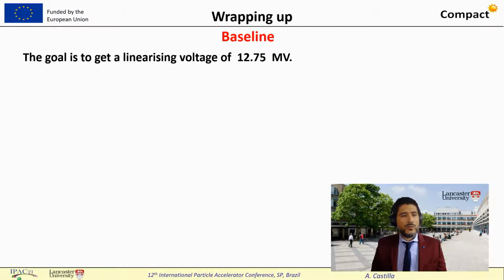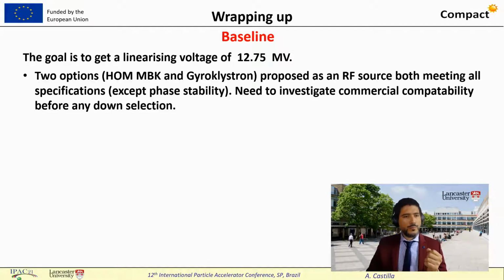Wrapping up, so for our baseline, hopefully I convinced you by the arguments given by the beam dynamics that we need a linearizer, and a K-band linearizer needs to provide 12.75 megavolts. So we have two options for our RF sources, a higher order mode multi-beam klystron and a Gyro-Klystron, that both meet the requirements except for the phase stability, and this needs a little bit more discussion and study.